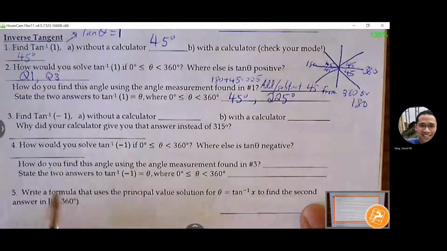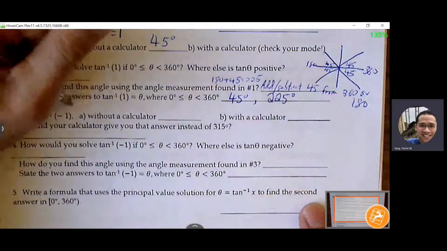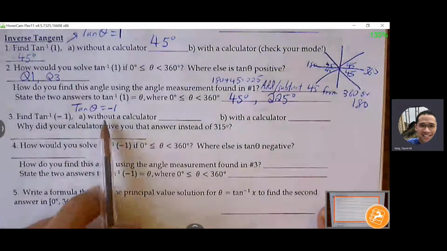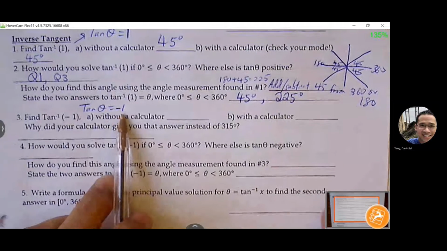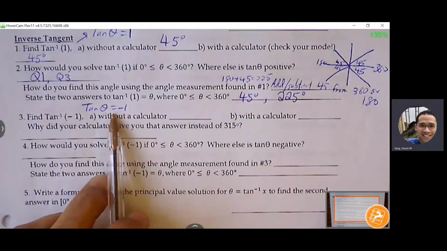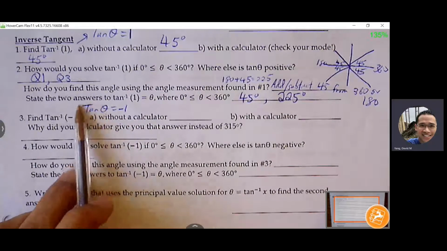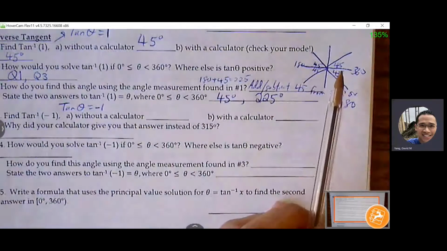Okay. Where is tangent of theta going to be -1? Which quadrant is tangent negative? Second and fourth, but we're talking about principal values. So we got to choose fourth quadrant, right? So what would you say?